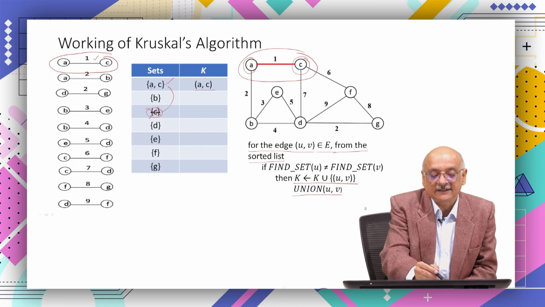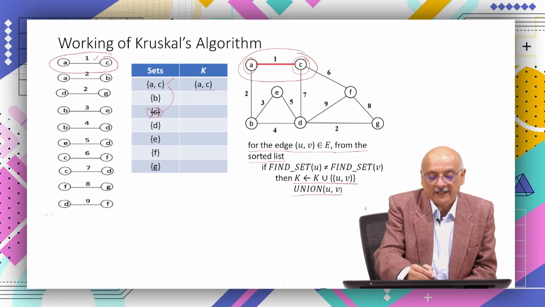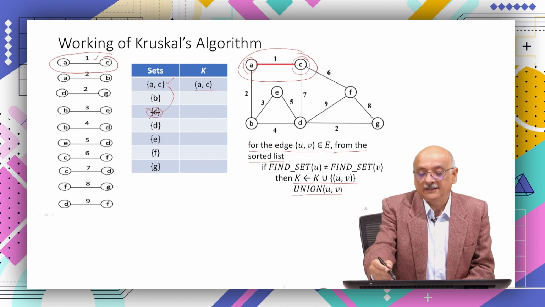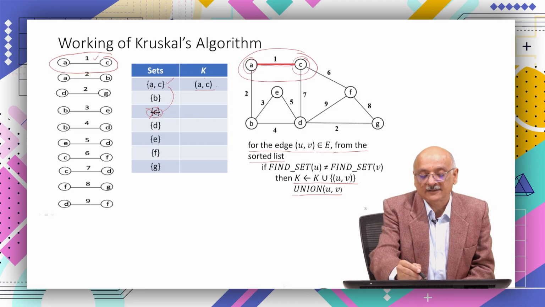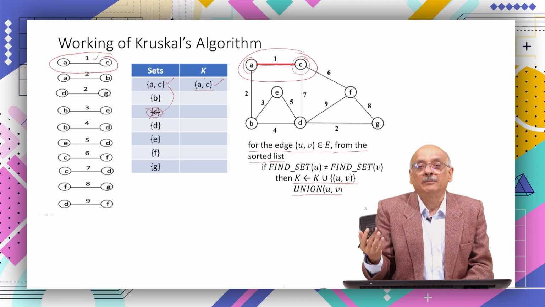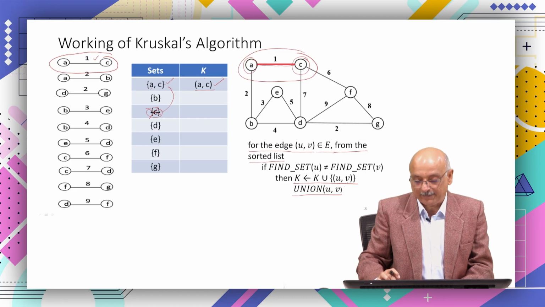So our sets now are AC, B, D, E, F, G. These are all separate sets. Alright, and this particular edge has become part of the minimum spanning tree. So this is the first step.